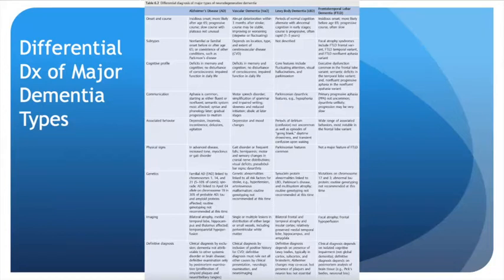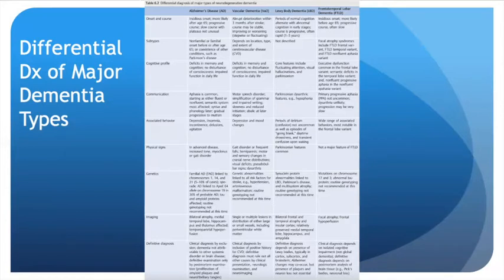Frontotemporal lobar dementia syndromes used to be called Pick's disease, but it's really a family of syndromes. There are three basic subtypes: the behavioral or frontal variant, the temporal variant, also referred to as the semantic variant, and the left frontal insular degeneration, referred to as progressive non-fluent aphasia.